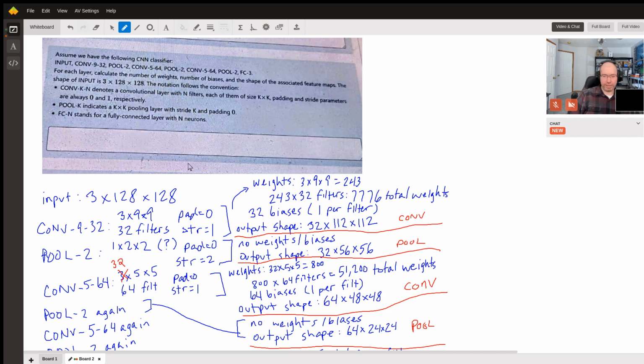All right, and then 1600 times 64 filters equals, so it'd be twice what the last one was. So that's 102,400, I think. 102,400, yeah.